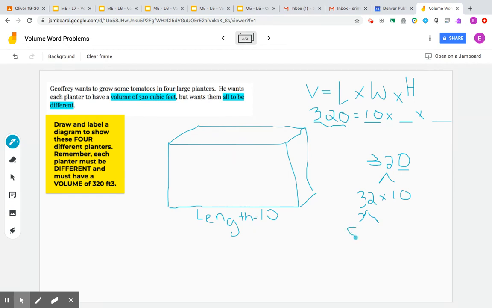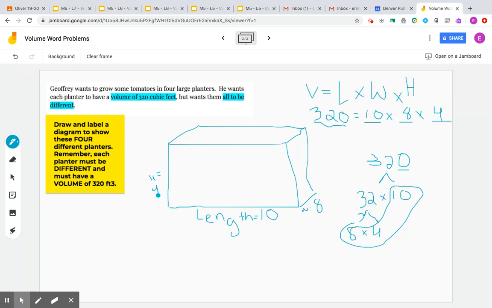I can multiply 8 times 4. So if I multiply 4 times 8 times 10, I'm going to get 320. So we can make our width equal to, I believe I put 8 there, and our height could equal 4. And that could be how one of its planters looks.